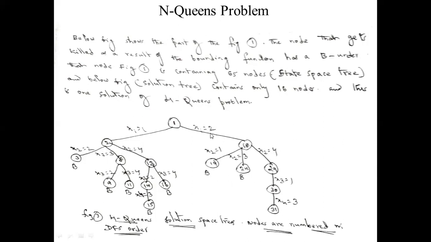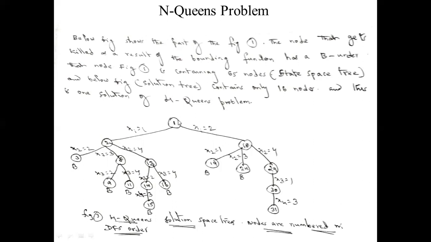Then what is the solution now? X1 equal to 2 is the first queen's solution. X2 equal to 4 is the second queen's solution. X3 equal to 1 is the third queen's solution. X4 equal to 3 is the fourth queen's solution. So our target is first to say what the solution node is in the state space tree. The solution node is 31. Then what is the solution path? The path is from the root node to the selected node, and you can trace back: 31 to 30, 30 to 29, 29 to 18, 18 to 1, up to reaching the root node.